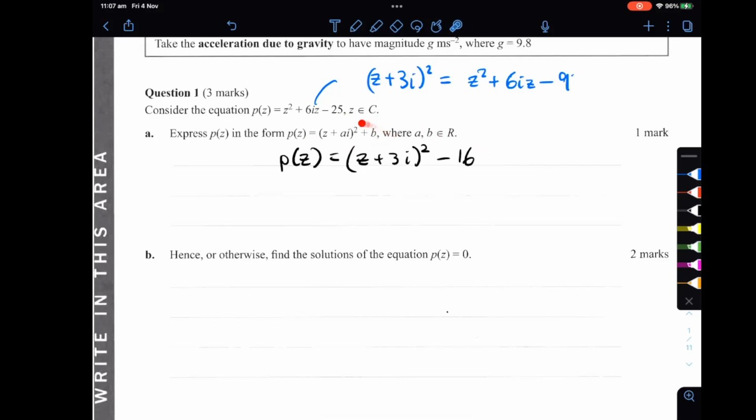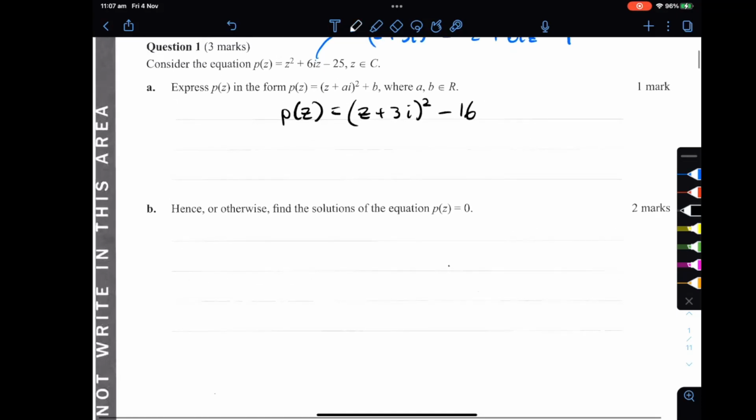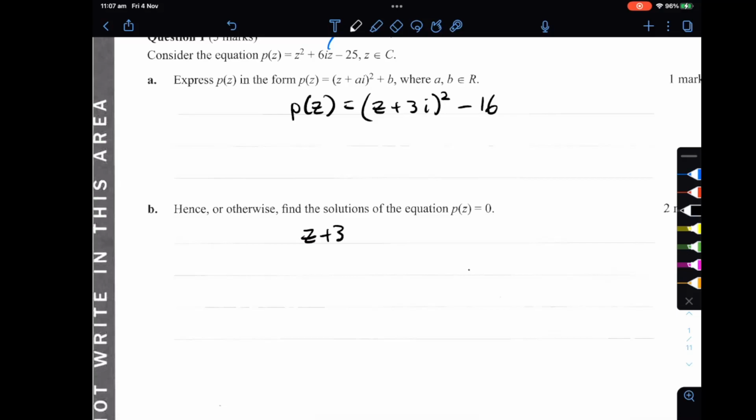And that's the form that we want, I think. Yep, so that's fine. Okay, so now we have to solve p(z) equal to 0. We can bring the 16 to the other side and then square root. On the right hand side we'll get plus or minus 4.